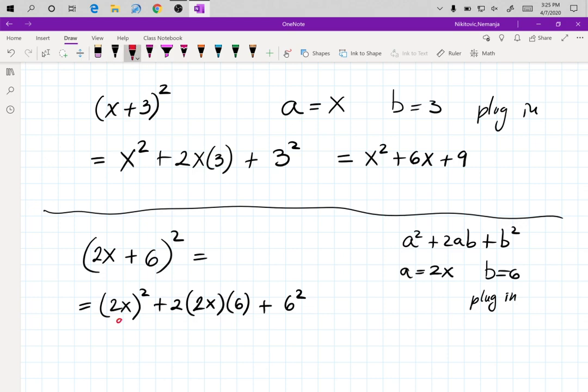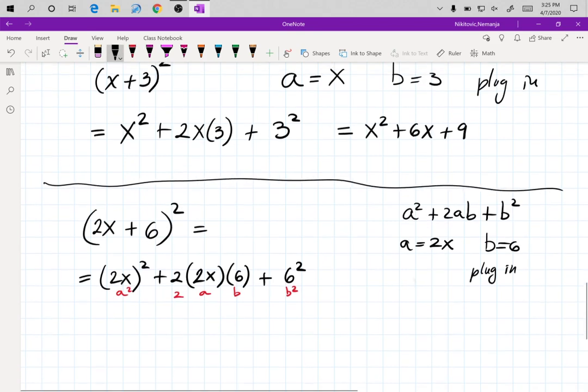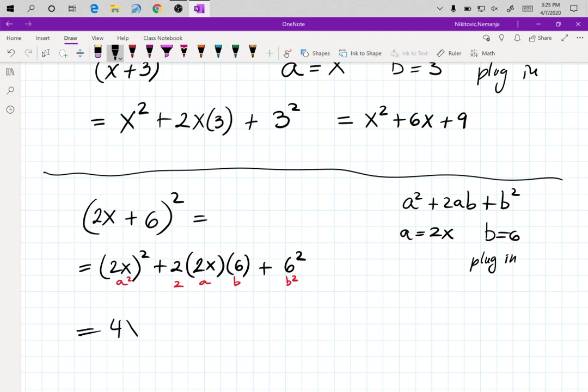All of the features are just plugged into the formula, and you do basic arithmetic. There is no special stuff here. It's 4x squared plus 24x, because 2 times 2 is 4, times 6 is 24, plus 36. Done.